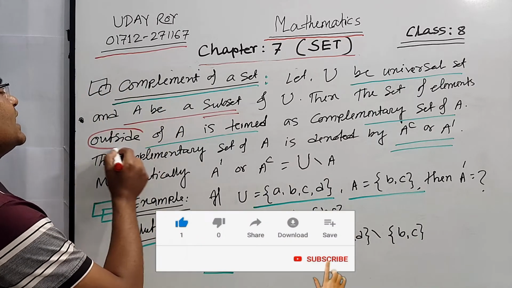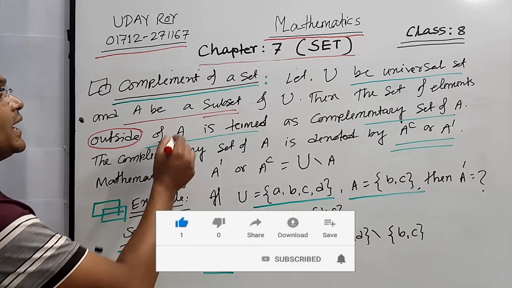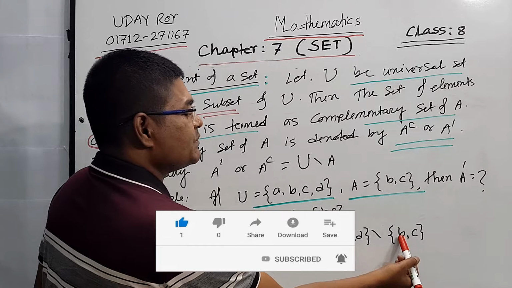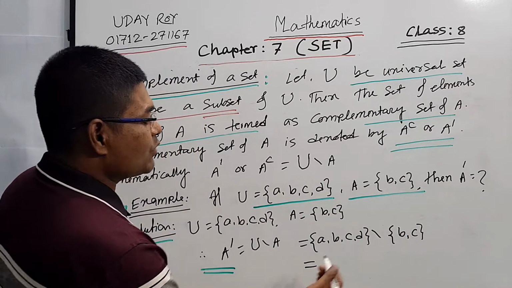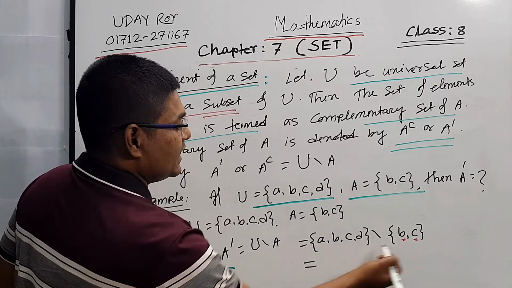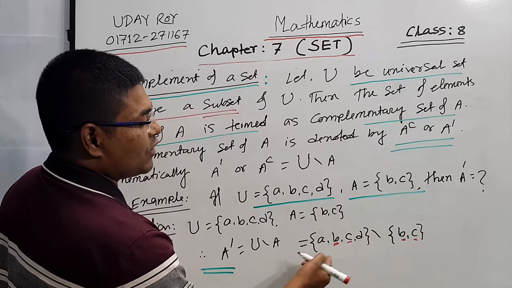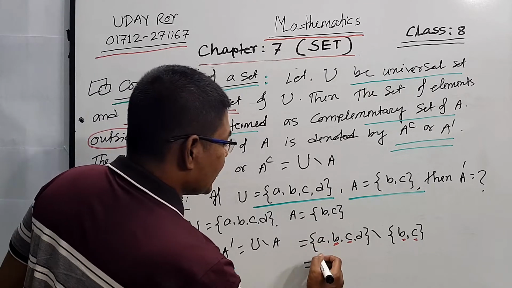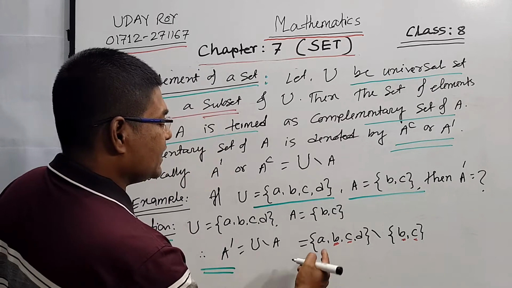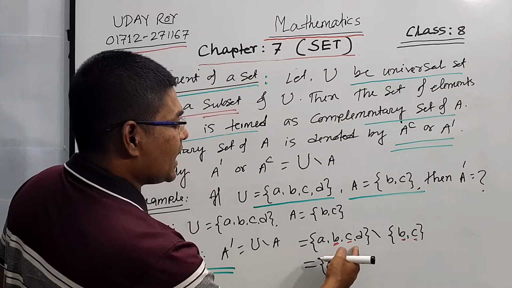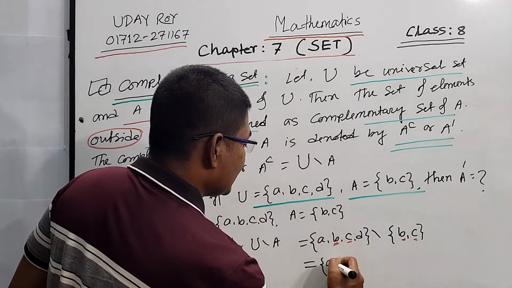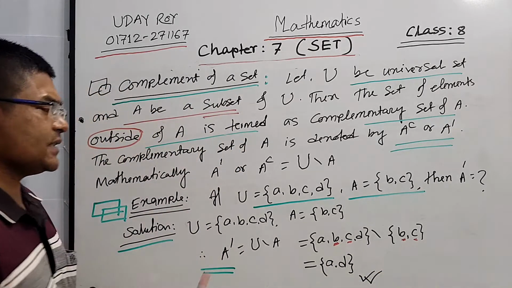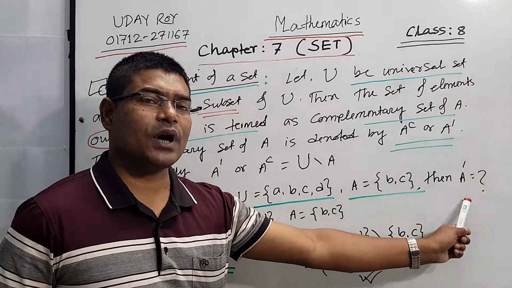B and C are taken out from here. So we get complement of A equal to A and D. This is the answer. So we have got complement of A.